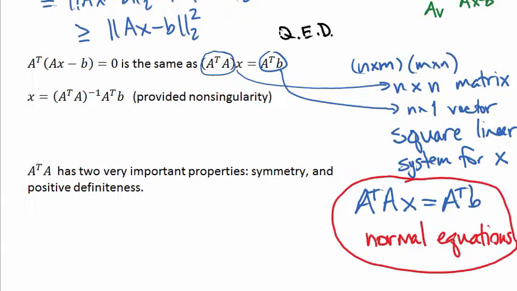So if we can solve the normal equations, we can solve the linear least squares problem. And in fact, mathematically, we just take that matrix inverse. So this whole matrix here, which if you work it out must be n by m, often has a special symbol, A plus, or sometimes A dagger. It's called the pseudo-inverse of A.